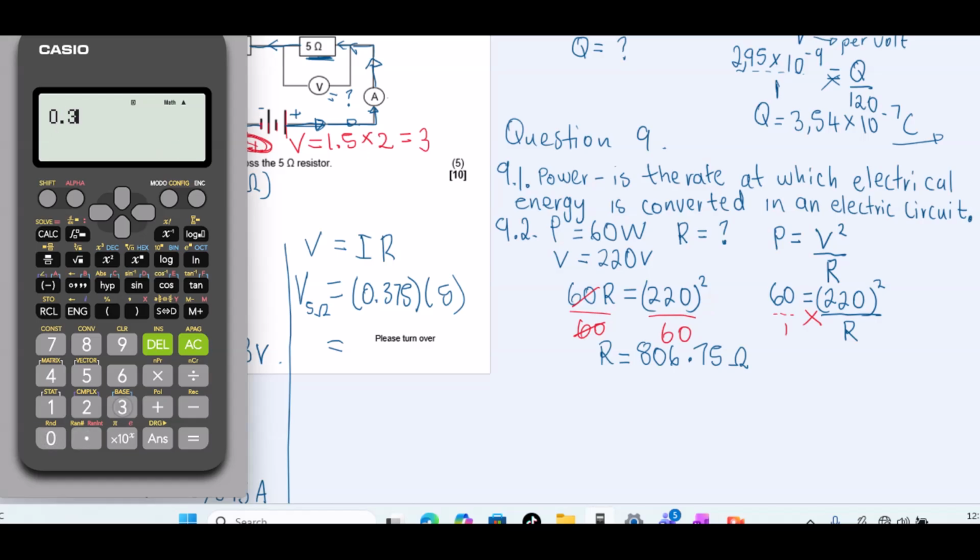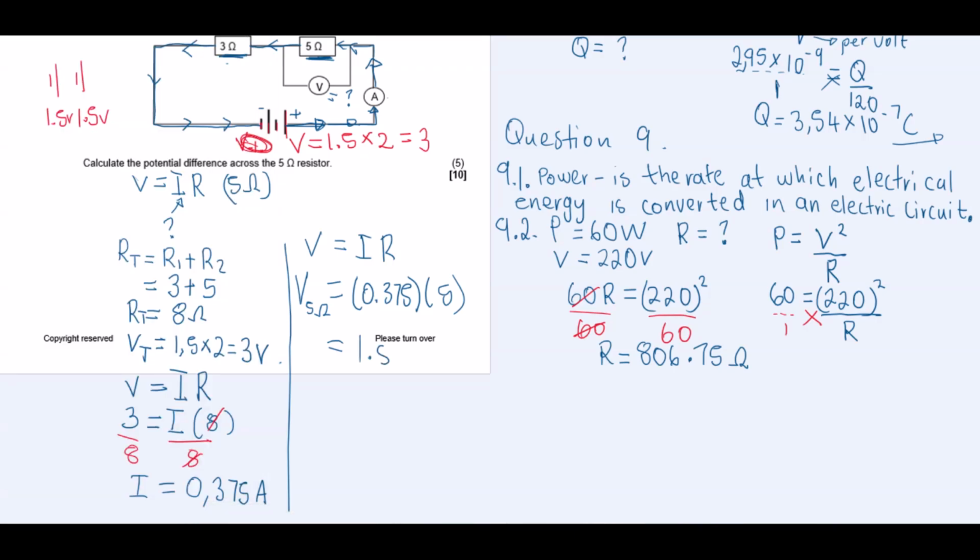So 0.375 times 5, and the answer now will be 1,875 volts, right?